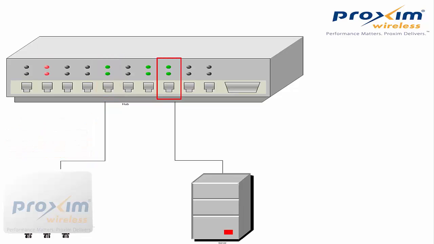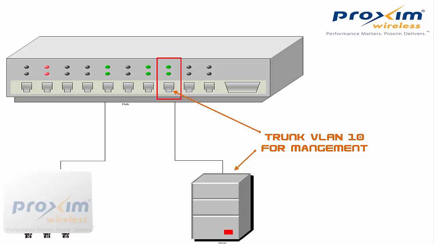Now we're going to go over to the switch port where our PC is connected. Once again it depends on if your PC is VLAN aware or unaware. If it is aware, then you could go ahead and set it to trunk VLAN 10 and then set your NIC to VLAN 10.